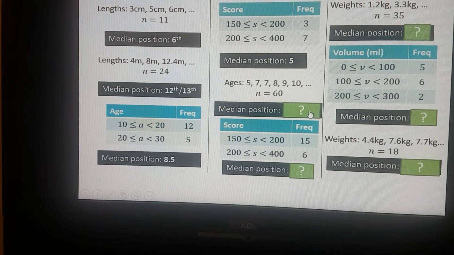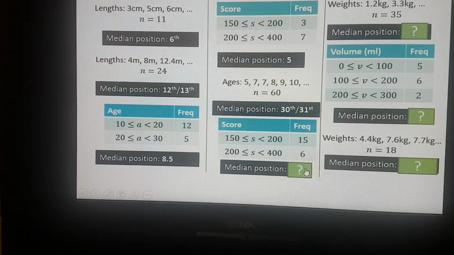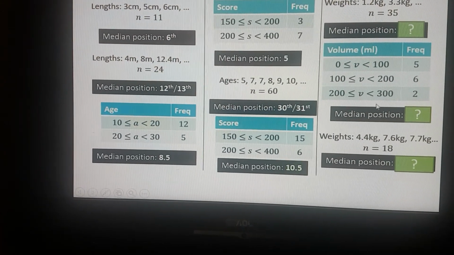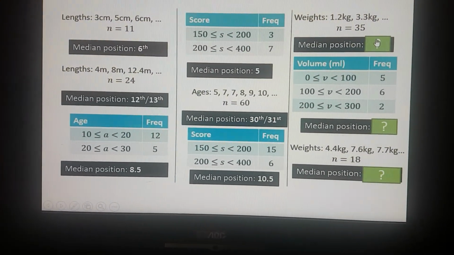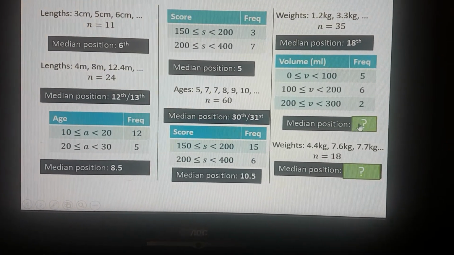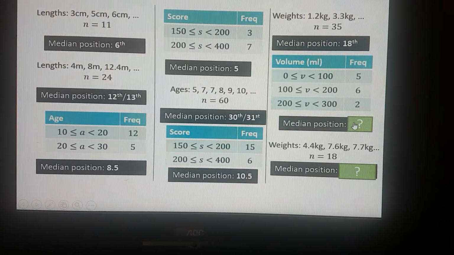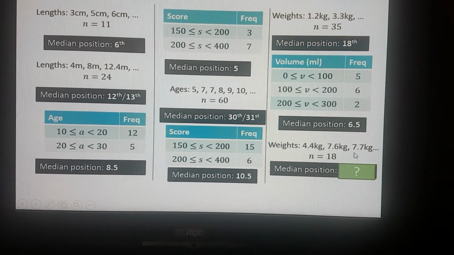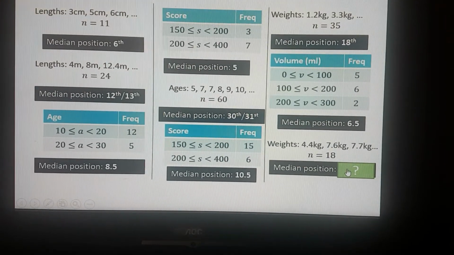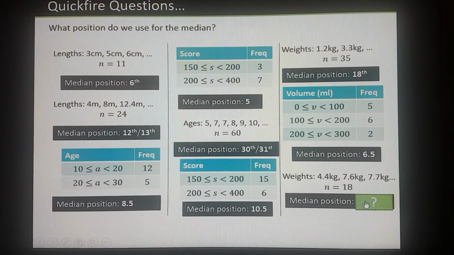So it's between 30 and 31. Here 21 divided by 2, and then we keep it. Here 35 divided by 2, and we round it up because it's a decimal. Here we have 13 divided by 2, and here 18 divided by 2, which is 9, and we take the number between 9 and 10.